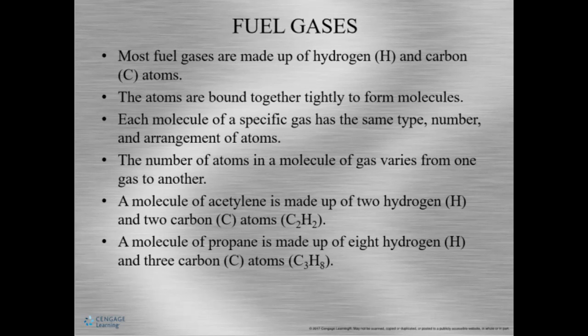A molecule of acetylene is made up of 2 hydrogen and 2 carbon atoms. So C2H2 tells me 2 carbons and 2 hydrogens. A molecule of propane is 8 hydrogen and 3 carbons. So here's our 3 carbons and our 8 hydrogens. Starting to make sense now, right?